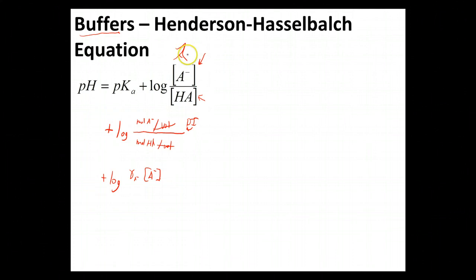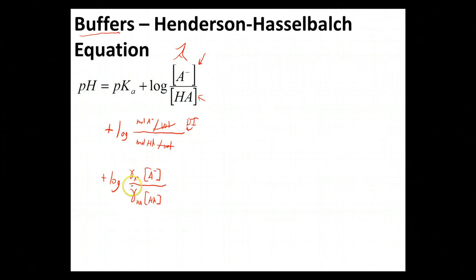Remember, activity equals activity coefficient times concentration. I have to do the same thing down here on the bottom. So for that, I'm going to have the activity coefficient of my undissociated species, and I'm going to have my HA. Now, as long as these don't change very much, one versus the other, I'm probably okay.